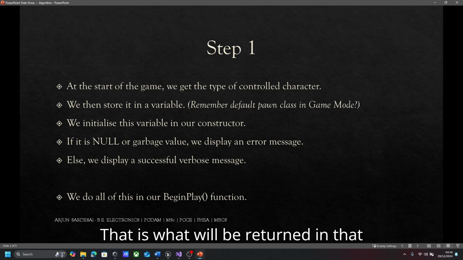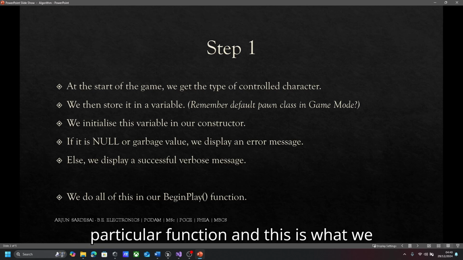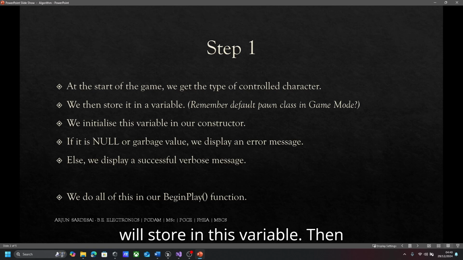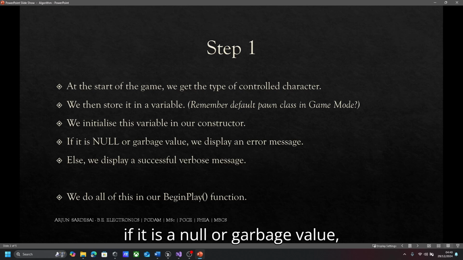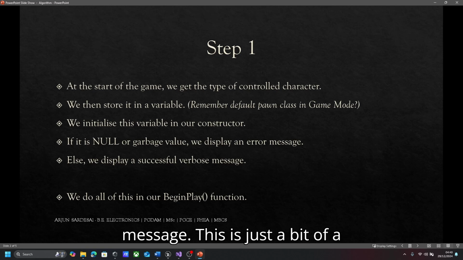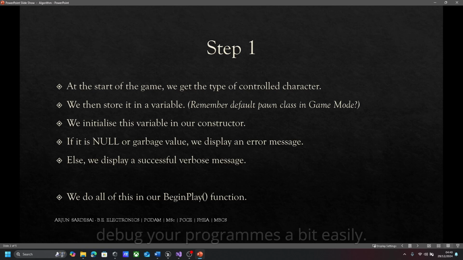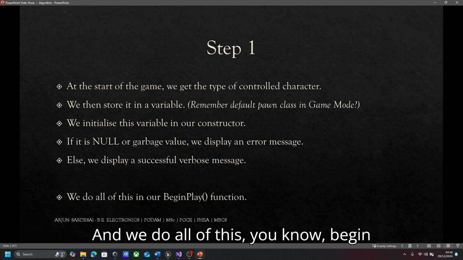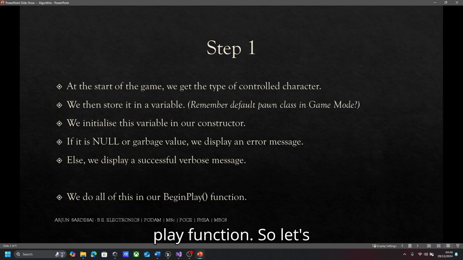That is what will be returned in that particular function, and this is what we will store in this variable. Then we initialize this variable in our constructor. Okay, if it is a null or garbage value, we display an error message. Otherwise we display a successful verbose message. This is just a bit of defensive programming, and it helps you debug your programs a bit easily. And we do all of this in our BeginPlay function.